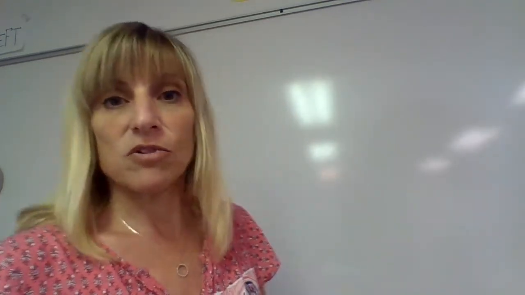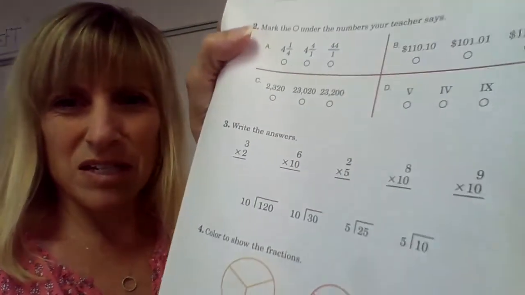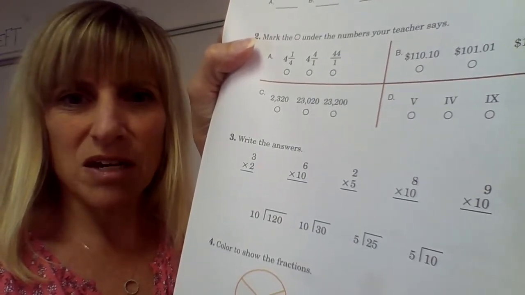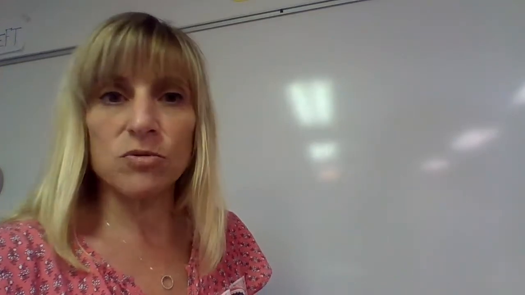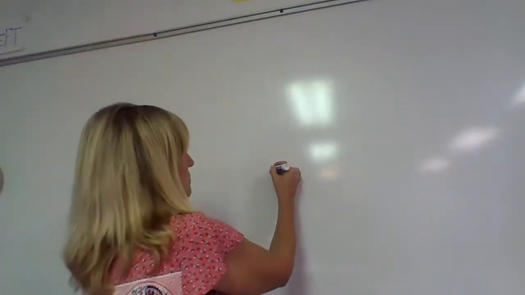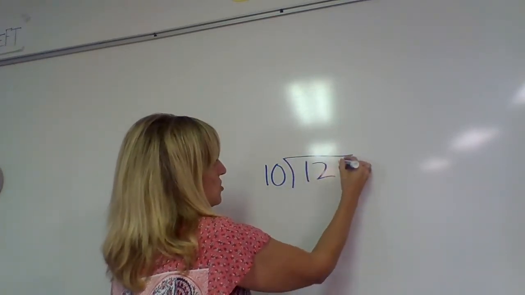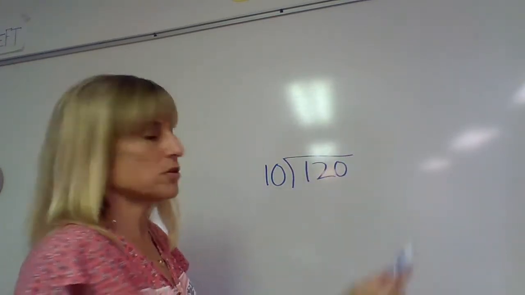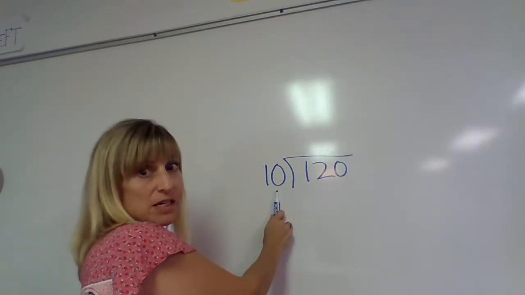Okay, so put your pencils down for a second, and I want to review the rest of the test. In section 3, see there's multiplication and division. I just want to review with you how we do the division with the boxes. Your first question looks like this: 120 divided by 10.